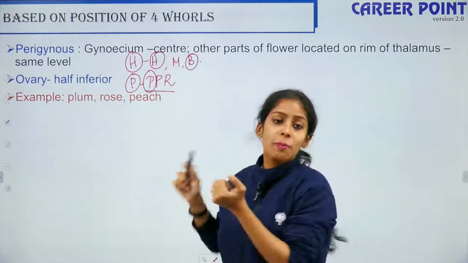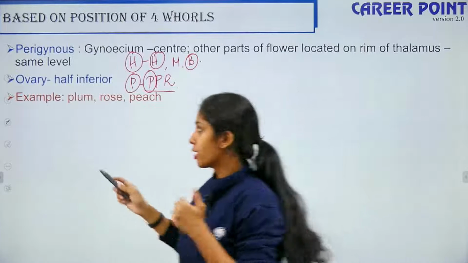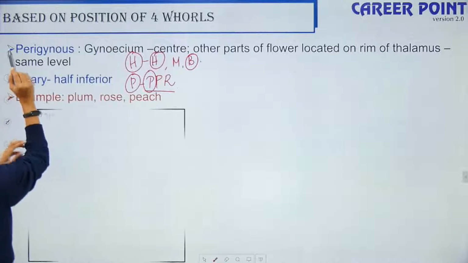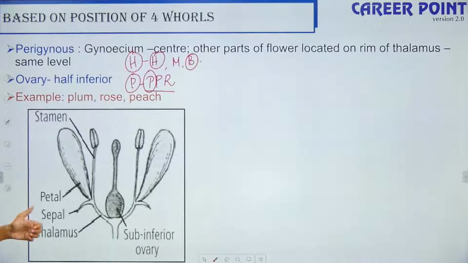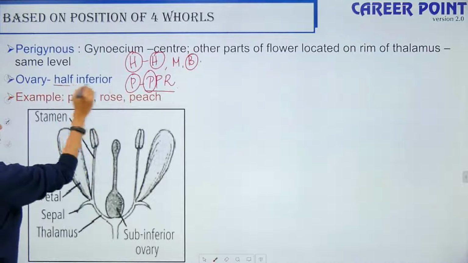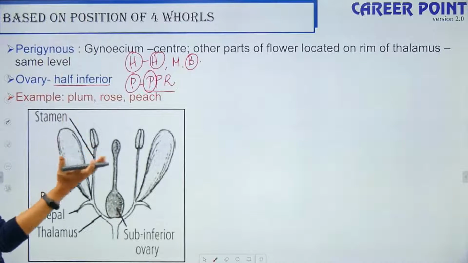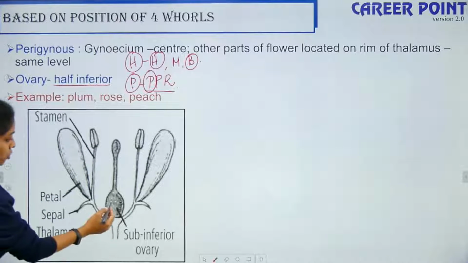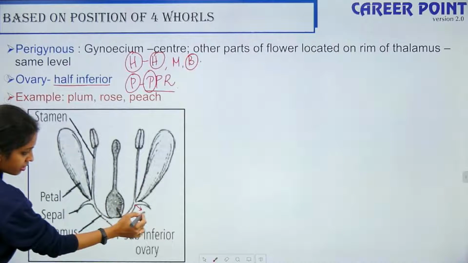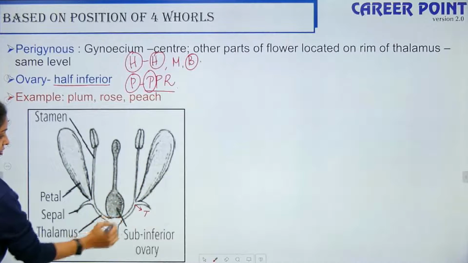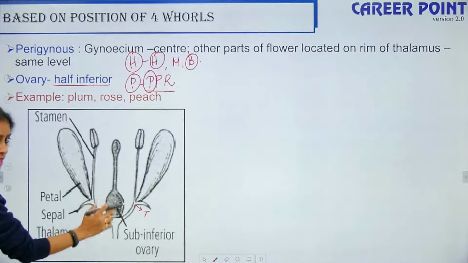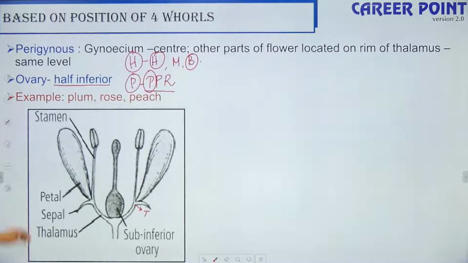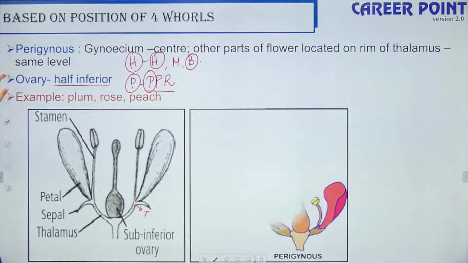That is your perigynous position. The ovary is half inferior. It is not at the top. Everything is at the same level, at the rim of the thalamus, and the gynoecium is at the center. This is your perigynous condition.